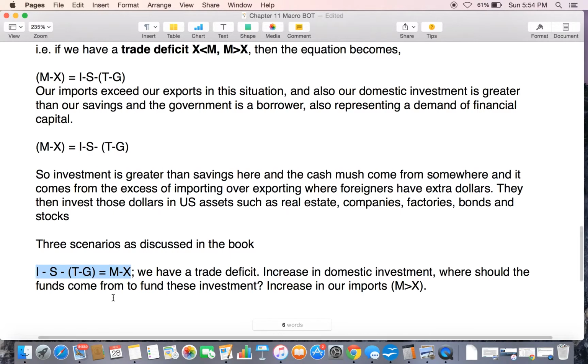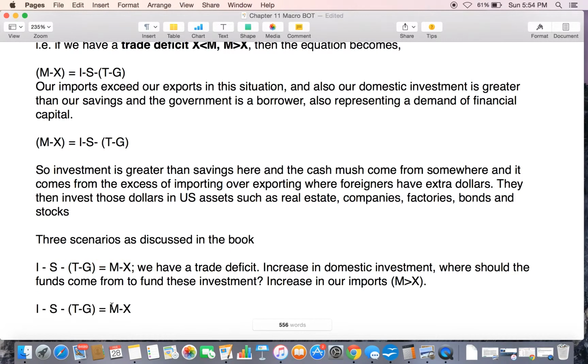Now, if we're in the same situation where we have this trade deficit, what happens when we have no change to domestic investment, but we do have more private savings? If we're looking at our equation here, investment minus private savings minus public savings, where public savings is when our tax revenues are greater than our government expenditures.